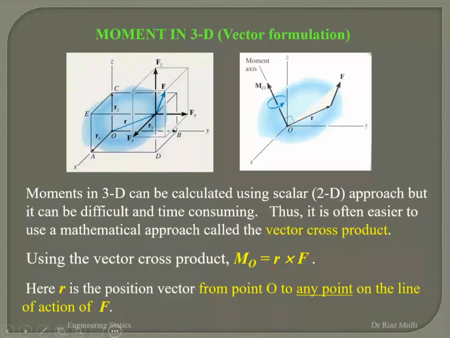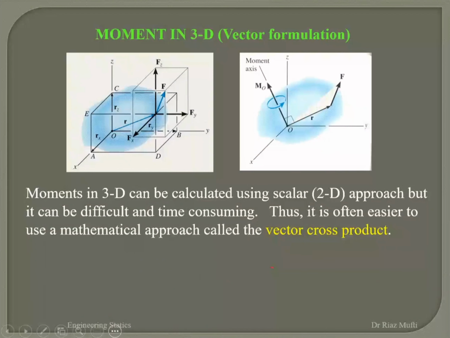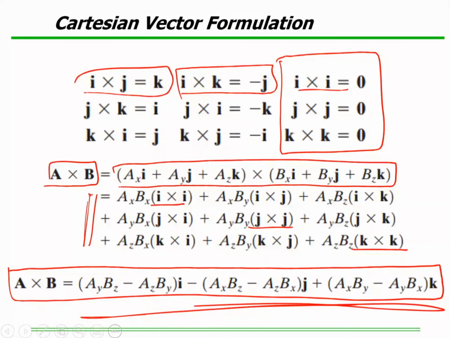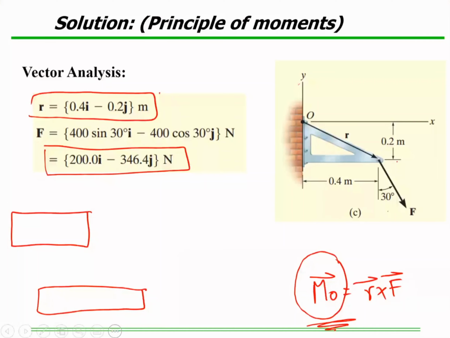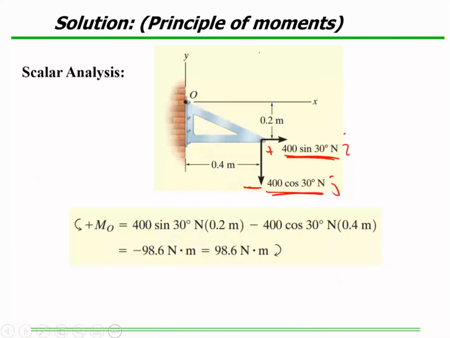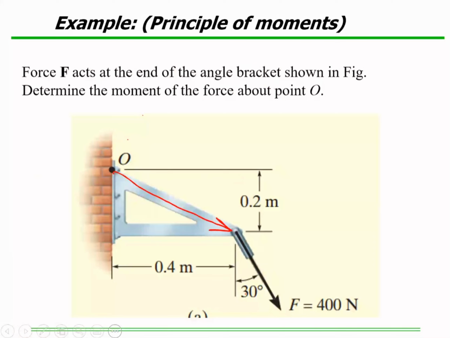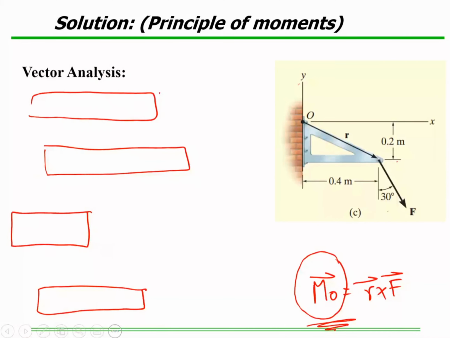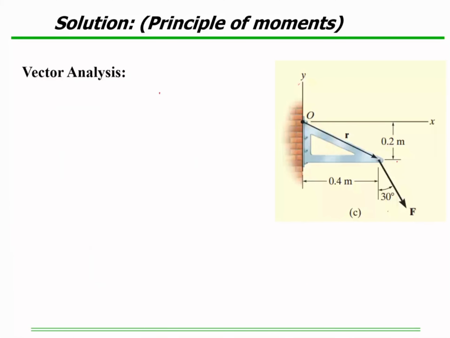What that means, let me go back and look at a good picture. Okay, I'll use this one. So we did here M naught equals R cross F to find moment.